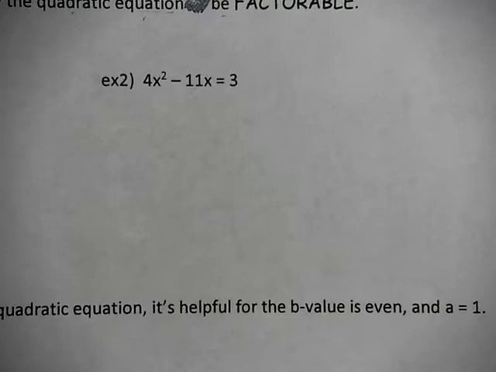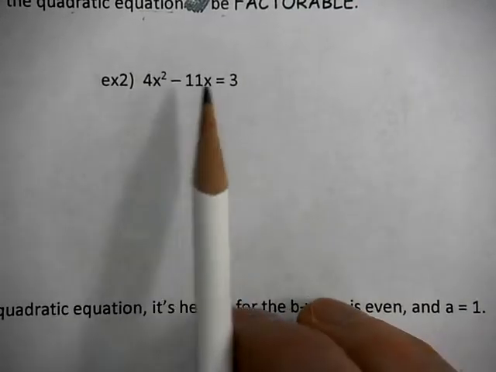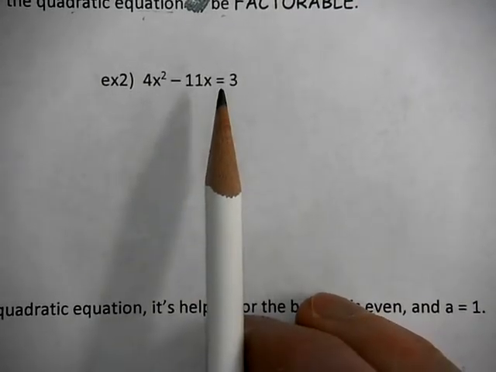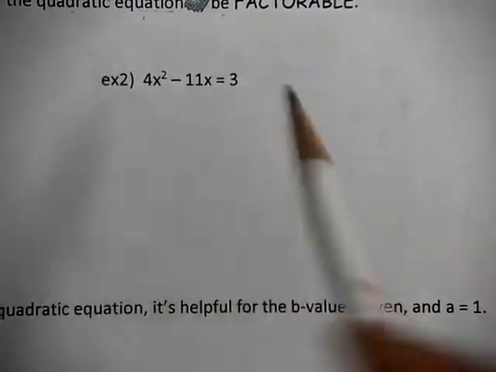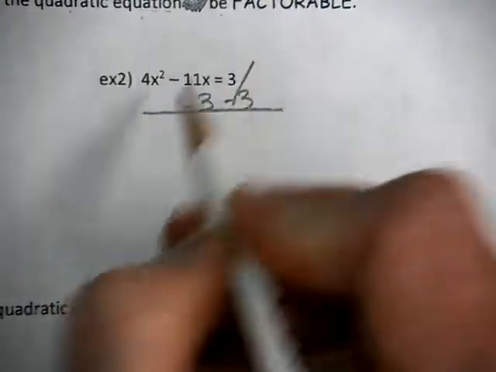How would we go about factoring this one? There is not a GCF in everything. Since there's no GCF, I should bring my 3 back across.